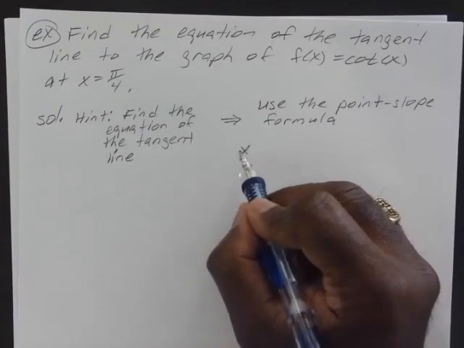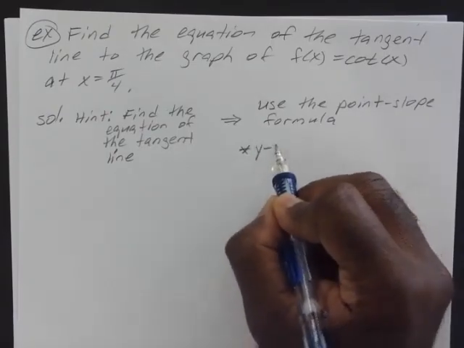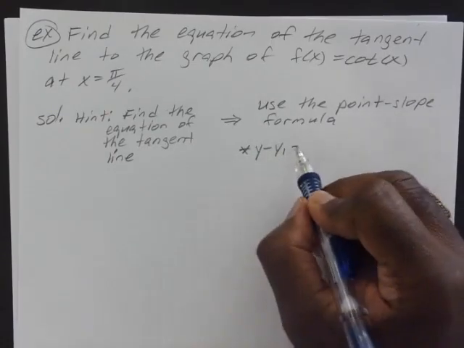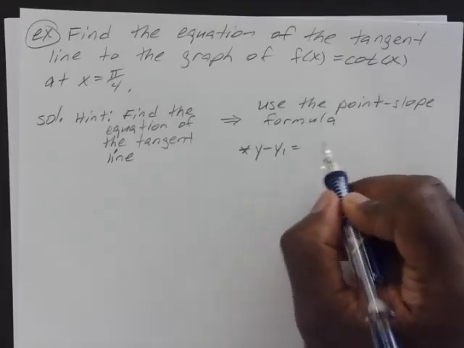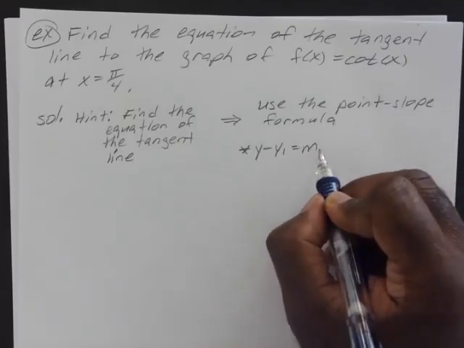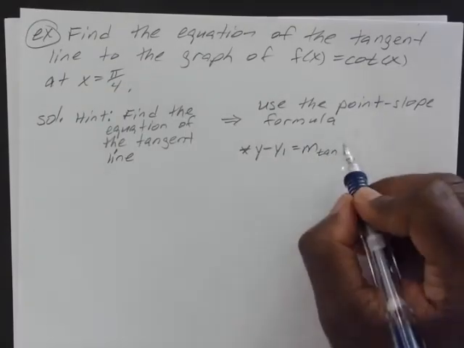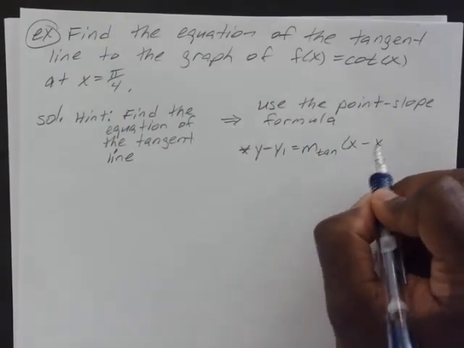Okay, so remember that formula was y minus y1 is equal to your slope times x minus x1. This slope is just your slope of the tangent line times x minus x1.